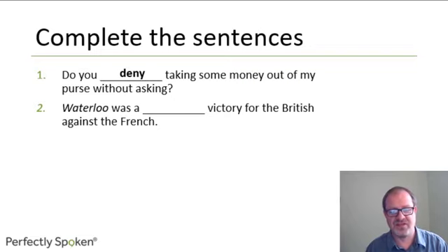It was monumental, the end of the Napoleonic Wars, which resulted in Napoleon finally being exiled to, I can't remember if it was Elba or St. Helena was the last one. I think Elba. Anyway, Waterloo was a significant, important, historic victory for the British against the French.